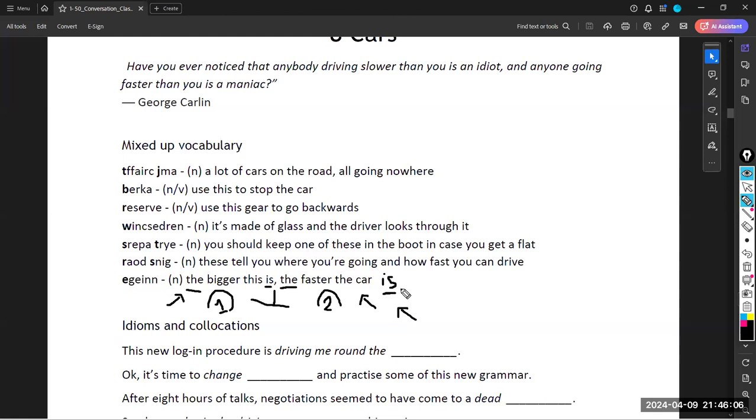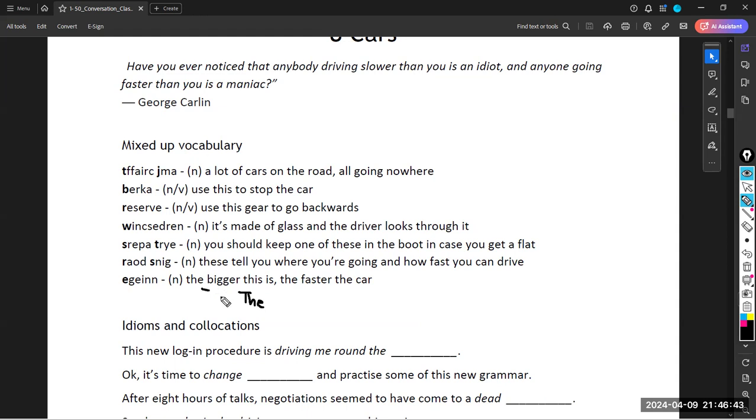You have to write two independent clauses, not dependent, independent. This is not a complex but a compound sentence. Can we say the faster is the car? No, the faster the car is, exactly. Why? Because we can consider the faster is the noun, is the car, we identify the faster by the car.